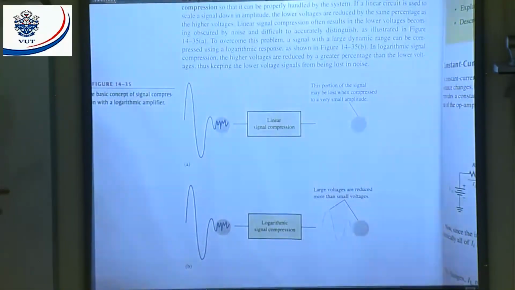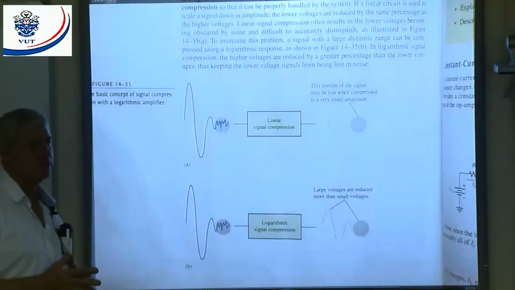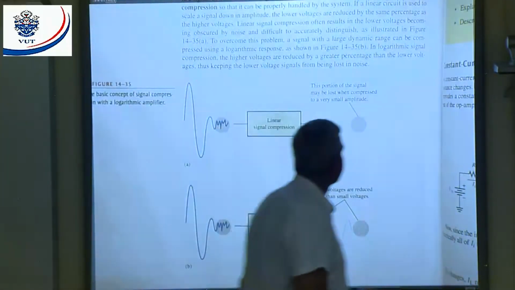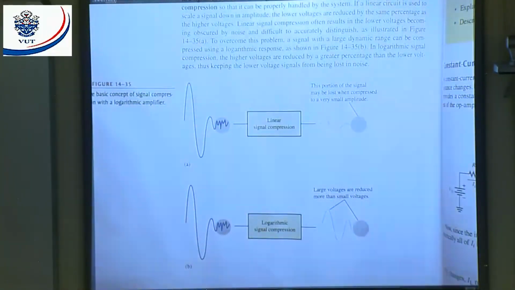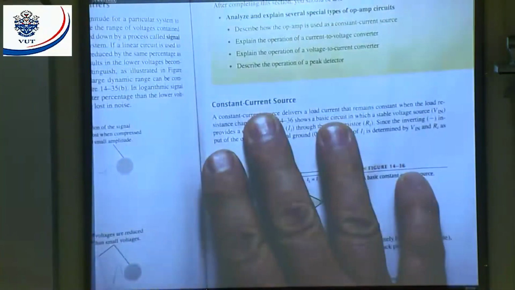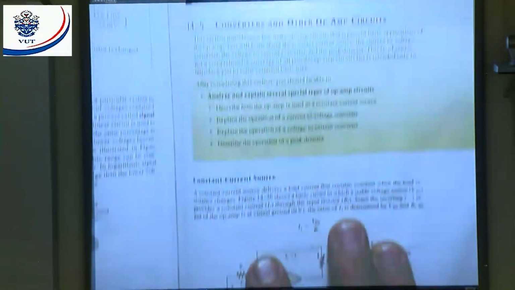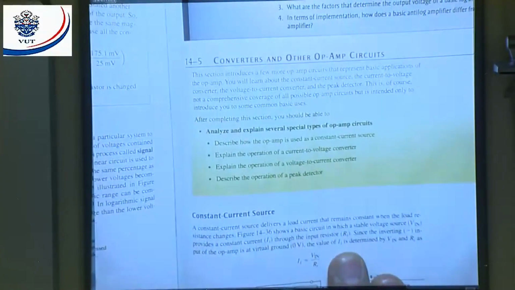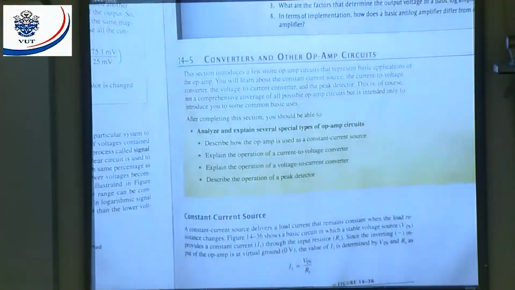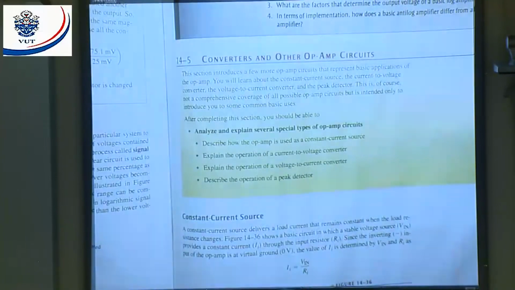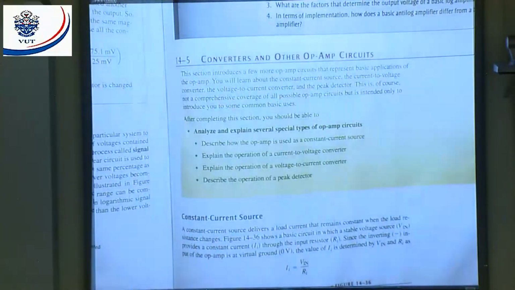That's the big difference between linear and logarithmic compression. Any questions? All right, 14.5. That compression, is it only for analog signals? That will be for analog signals.